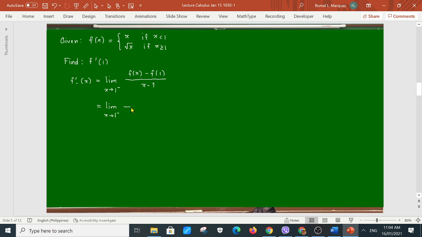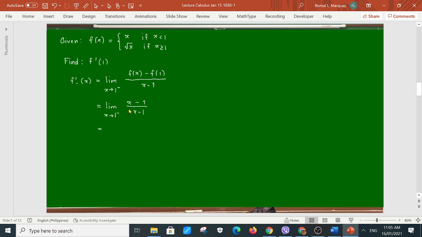So what is f of x? F of x is from the left, so we use x, no? What about f of 1? We use the square root of x. So square root of 1 is 1 all over x minus 1. Okay?